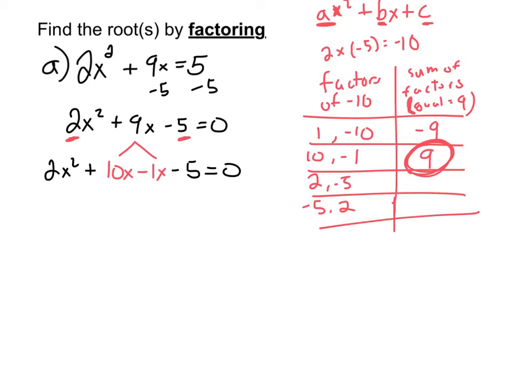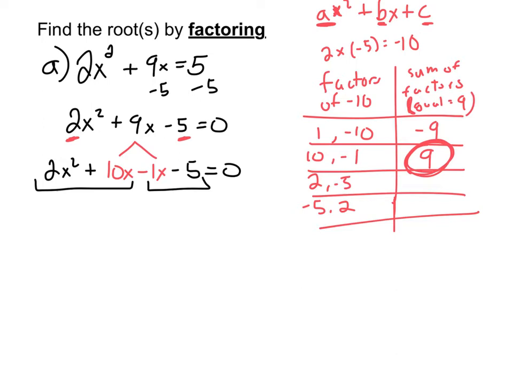Now I'm going to look for like terms on this side and like terms on this side. I'm basically breaking it up into two different pieces and looking for like terms to factor out. What's common amongst these two terms? There's an x that's common, and there's also a 2 that's common.